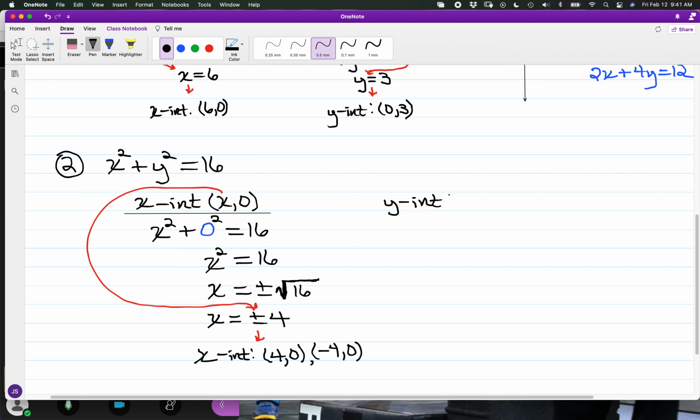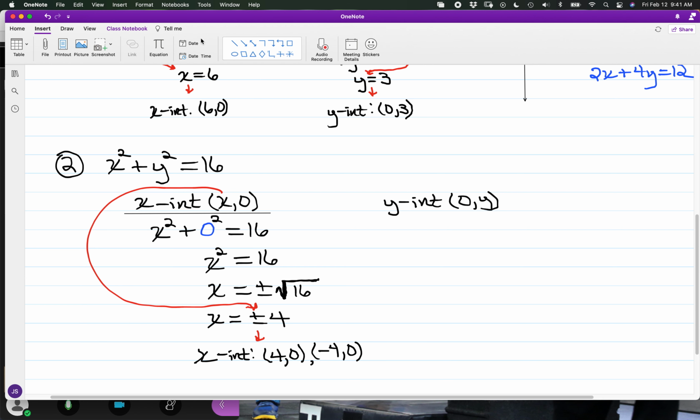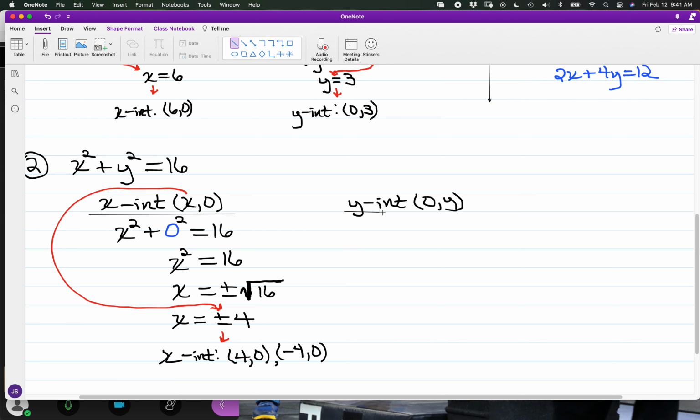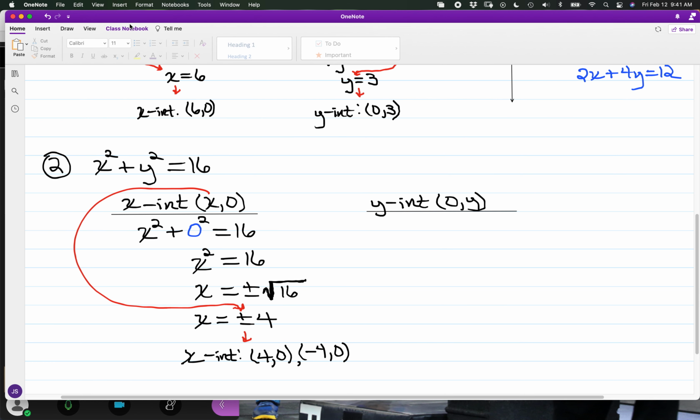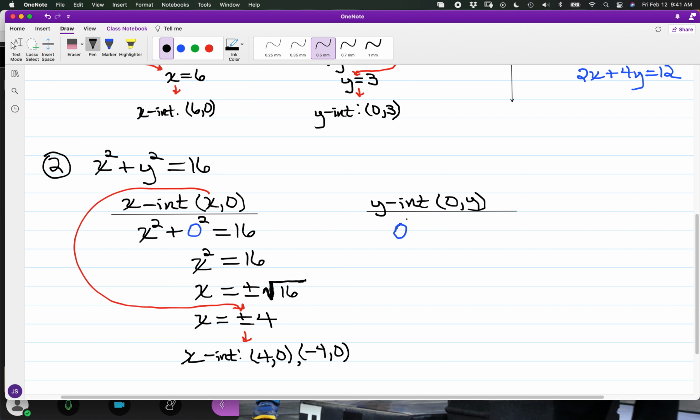And in the case of the y-intercepts, again, we have a changing of hands in terms of what to set to 0 and what to solve for. So this time we have x at 0. So 0 squared plus y squared is equal to 16.